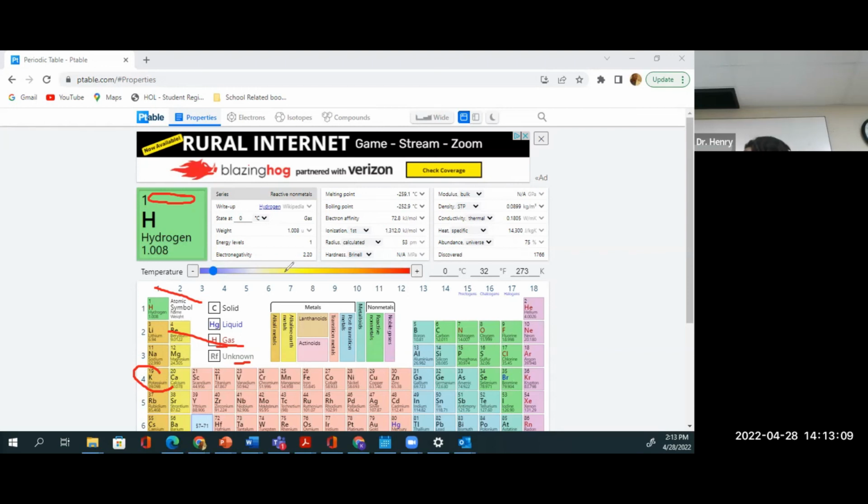So if we write down the electron configuration for potassium, it's 1s2. So 1s2, that would account for this guy, right? And then we have 2s2, that accounts for that 2nd energy level right here. Then 2p6.